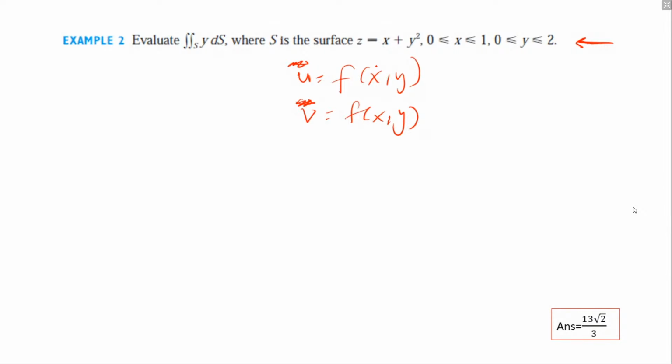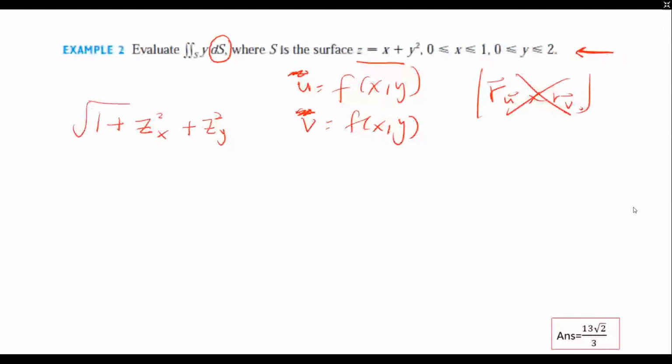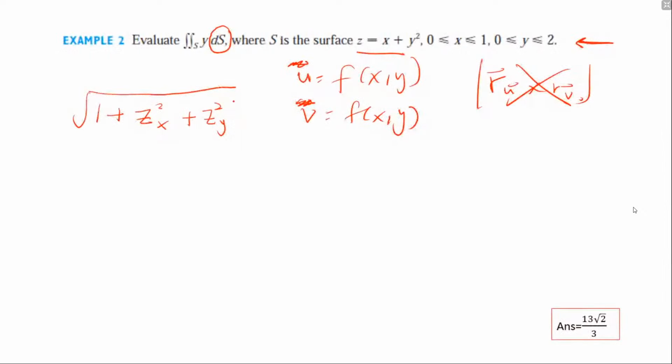But now we are already given z equals x plus y squared, so you don't apply this function. You straight away just substitute this: dS is equivalent to the square root of 1 plus the derivative of z with respect to x, squared, plus the derivative of z with respect to y, squared.